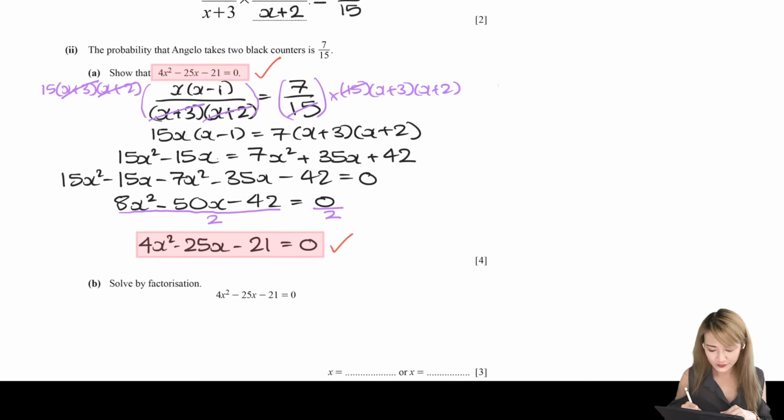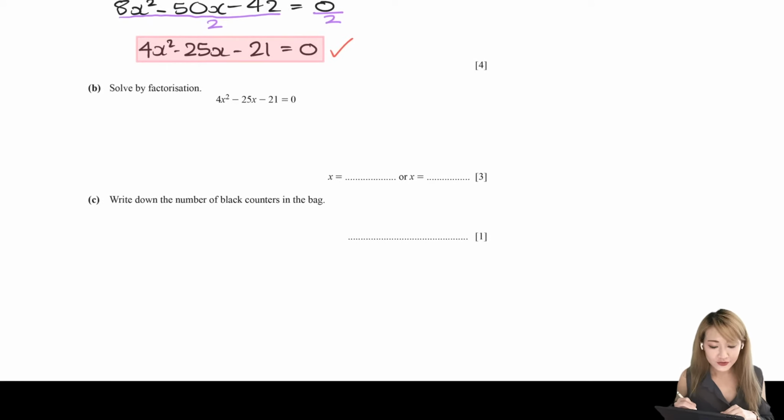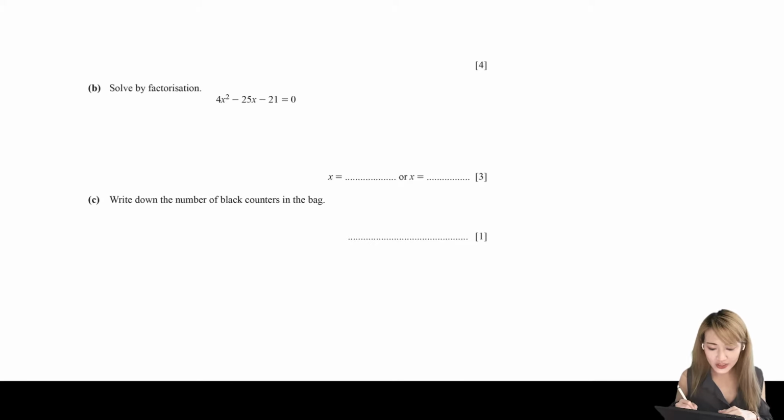B. Solve by factorization 4x squared minus 25x minus 21 equals 0. So this is a little bit difficult to factorize because the coefficient of x squared isn't 1. However, the method is the same.